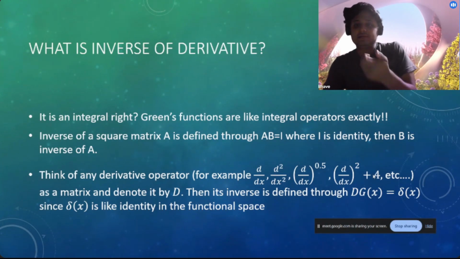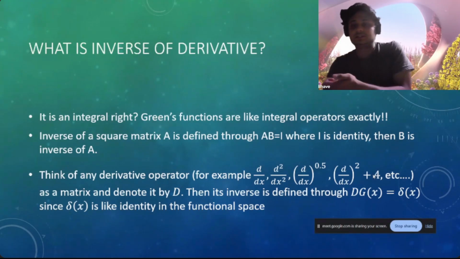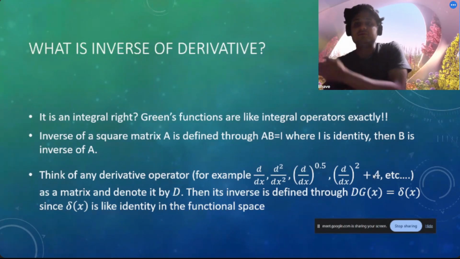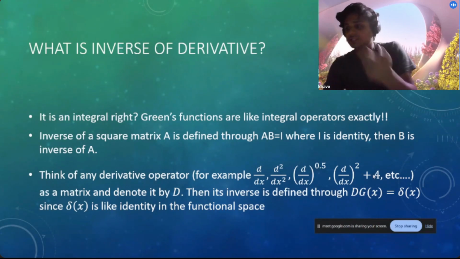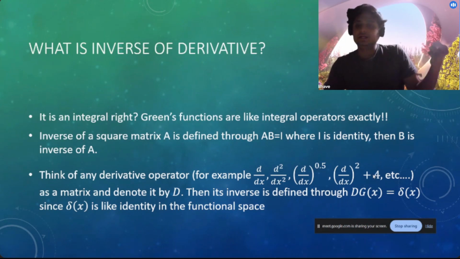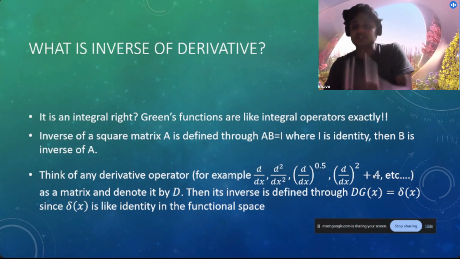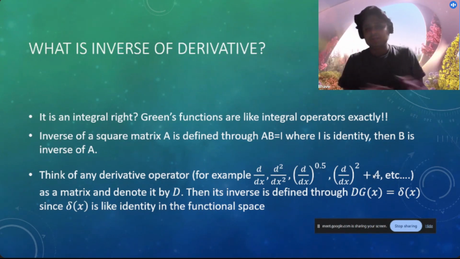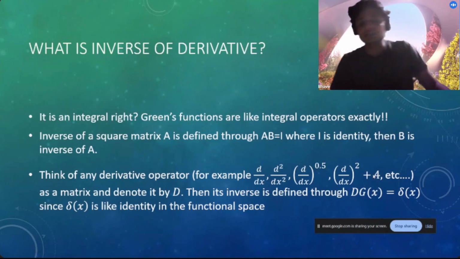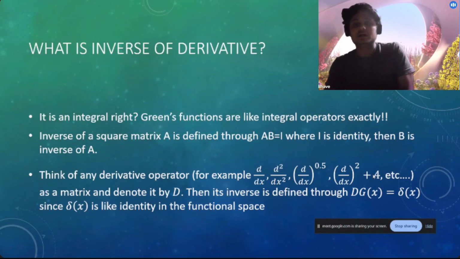These derivative operators act on functions, and these functions are a part of a vector space, which we call a functional space. So you can think of the matrix analogy. These derivatives are nothing but matrices acting on a vector space, which is the functional space. And now what I'm asking is, what is the inverse of this derivative in this functional space? All this sounds very mathematical and boring, but it has very nice physical significance, and we'll get to it once we look at some very interesting examples.